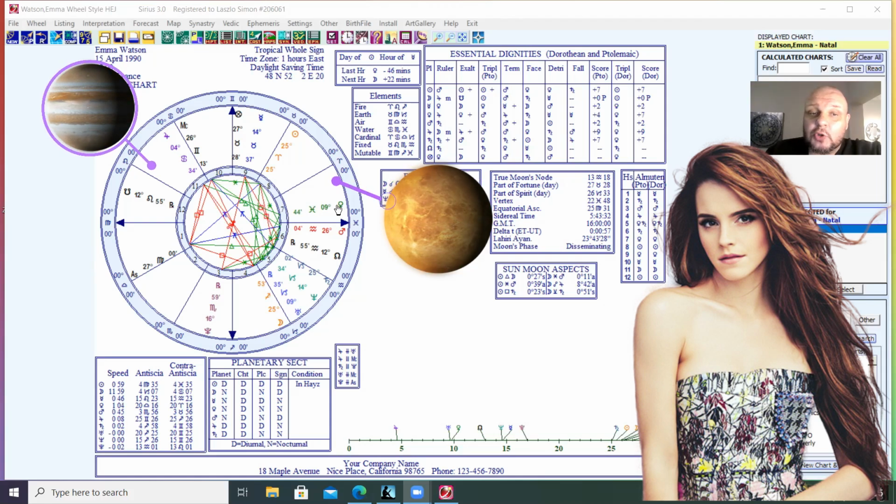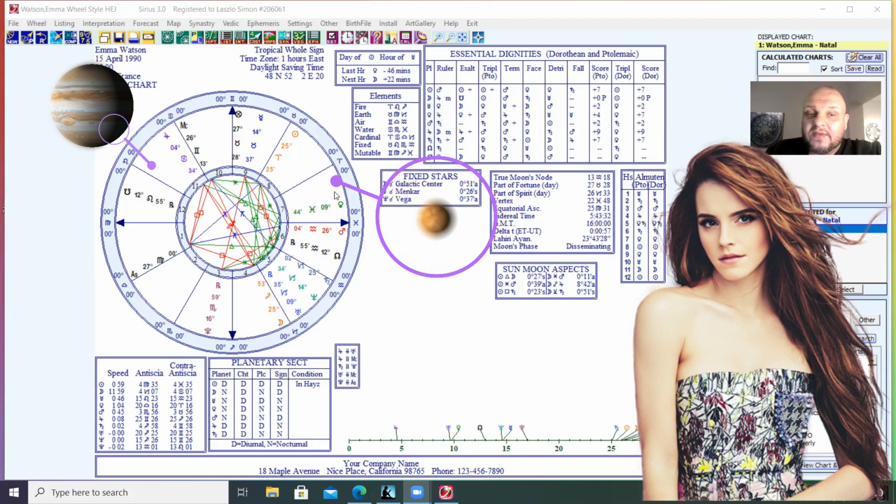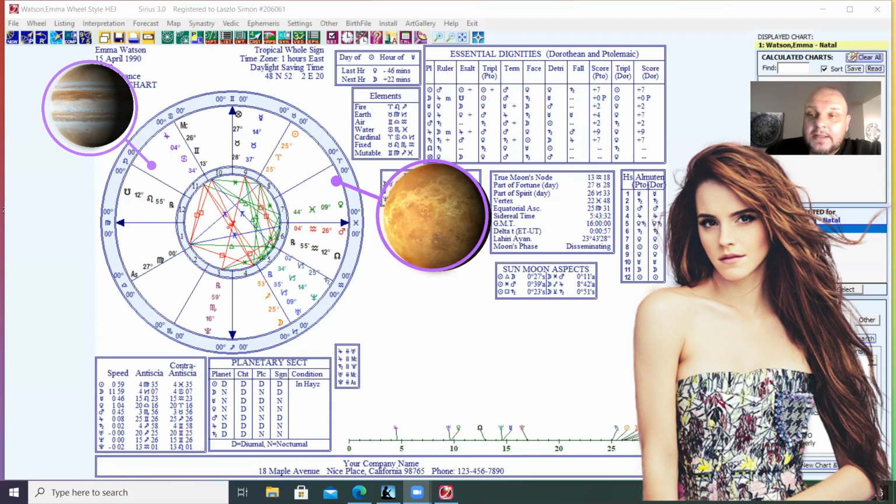in between them too. You can see this is a separating one because the faster moving planet has already got a higher degree than the slower moving planet. Now, when it comes to planets such as Mercury and Venus, who tend to be moving with similar speeds, if you've got an astrological program, look at the speed and then you can decide who is the faster moving one.